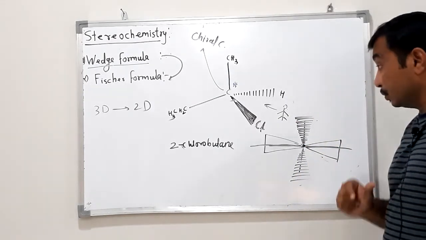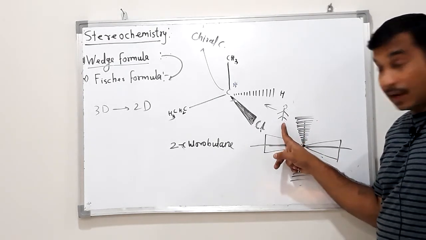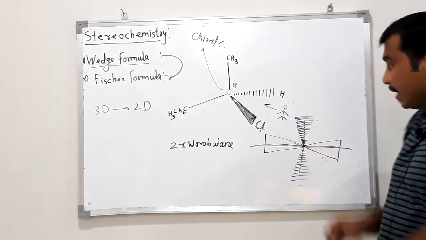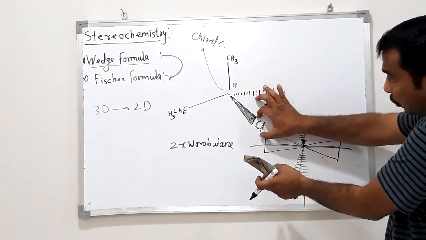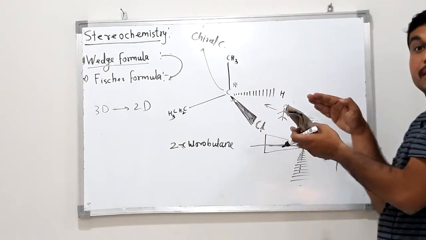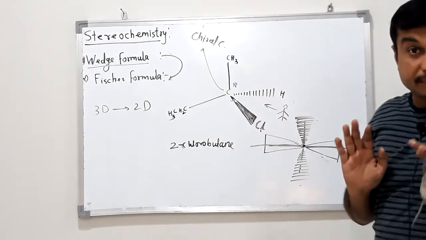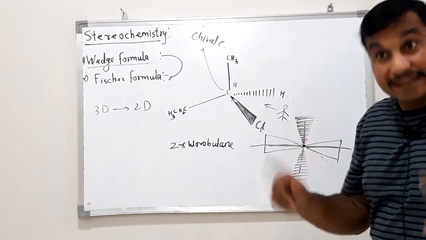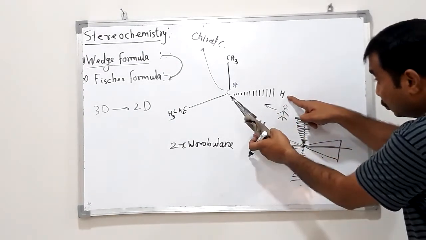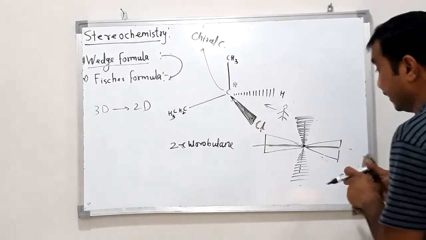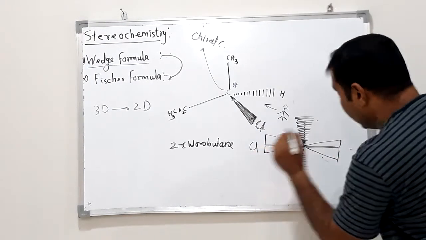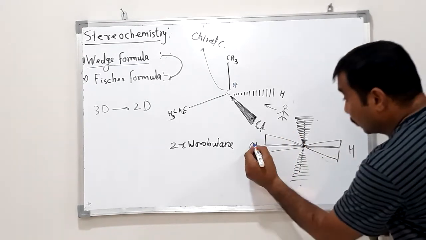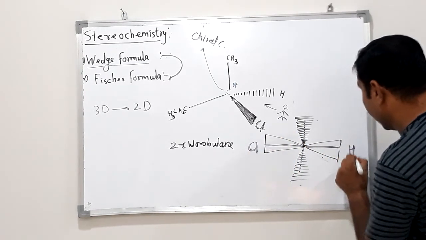Now what we have to do? We have to stand here and observe the molecule from this point. You will find this hydrogen and chlorine moving toward the observer, above the plane. That's why we attach these substituents on the horizontal line: here chlorine and here hydrogen.